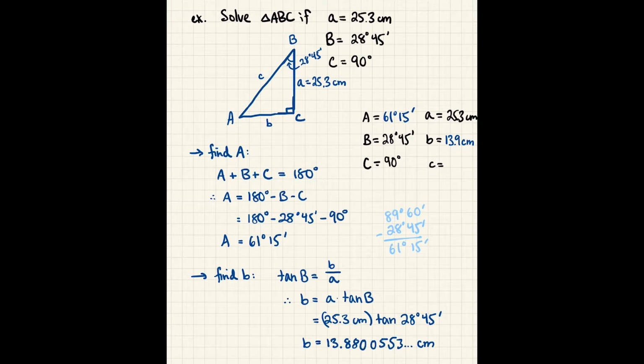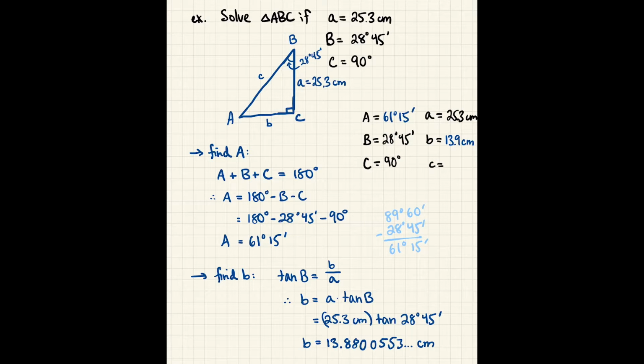And the other important thing to mention is that we wrote the rounded version of little b here, 13.9 centimeters, because we are presenting this as our final answer. And our final answer must have units, and it must have the correct level of precision, which should match the precision of the given information.